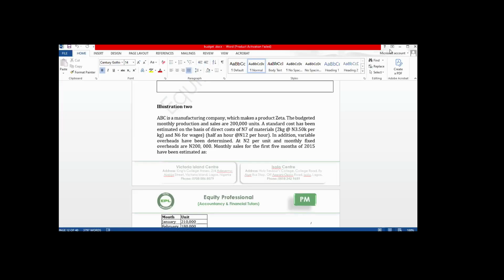A standard cost has been estimated on the basis of direct cost of 7 naira of material, in brackets, 2 kg at 3 naira 50 kobo per kg. Let us explain this. That 7 naira direct material cost is the material cost per unit.